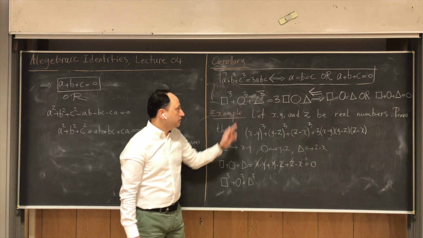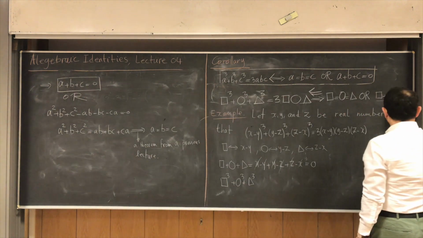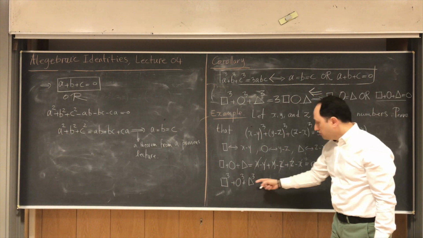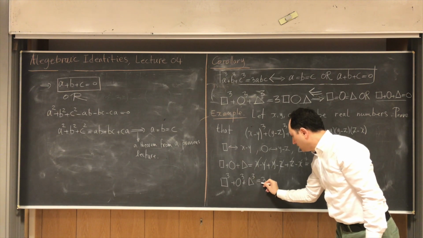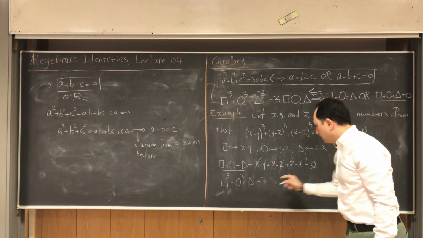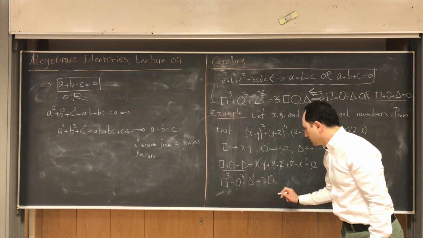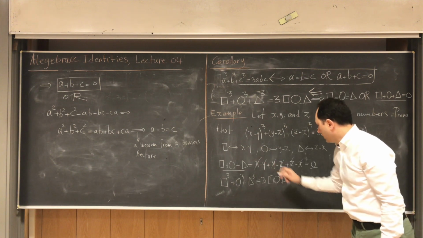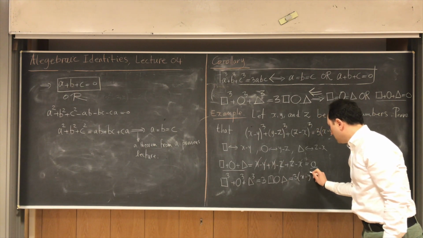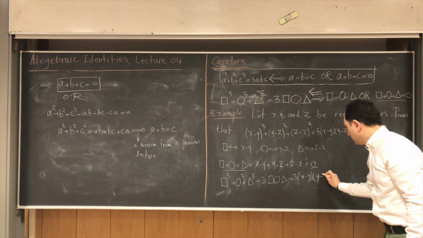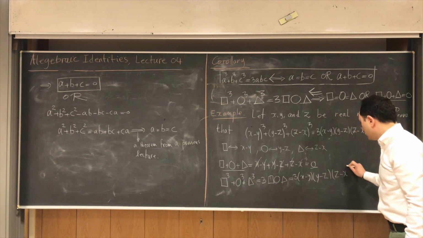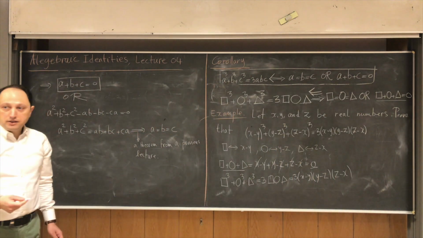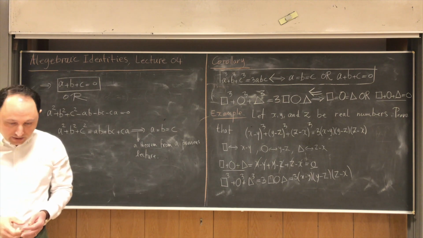According to this theorem, if the sum of these is 0, I can conclude that this is equal to 3 times box times circle times triangle. But what is box? Box is x minus y, times y minus z, times z minus x. So as simple as that. Is that understandable? Okay.